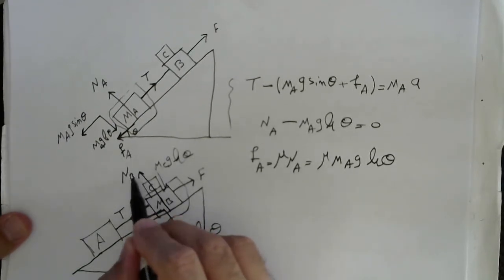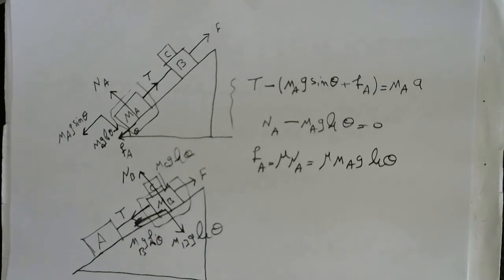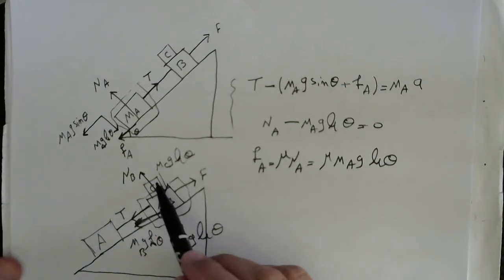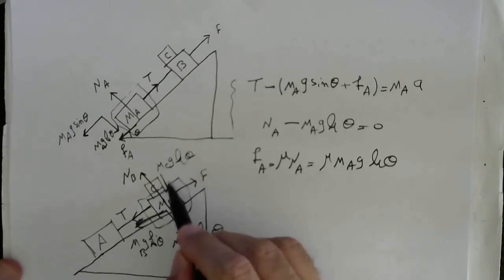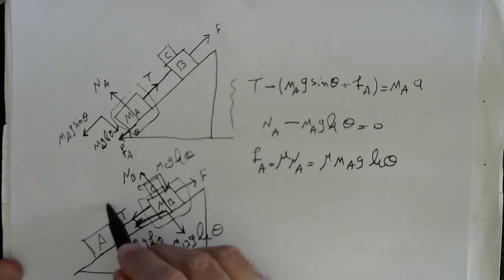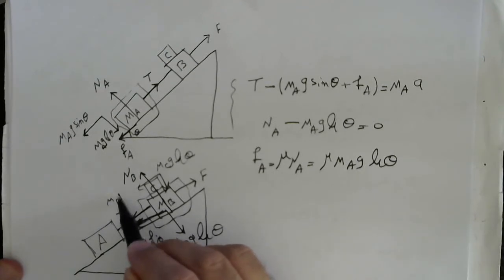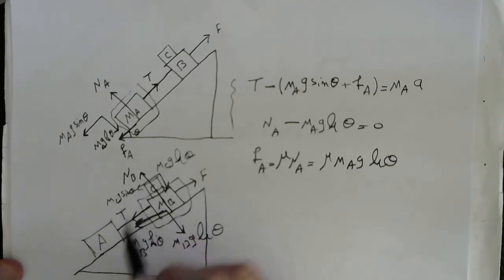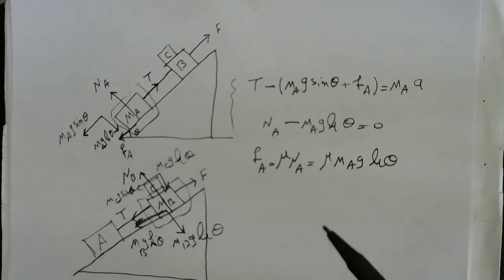and there is a normal force from the surface acting at the point of contact. This is N_B. So you can see, for example, m_C g sine theta is not going to be a force acting on B, basically.